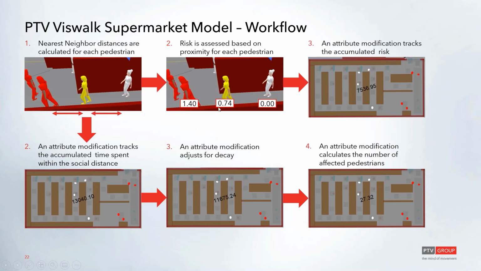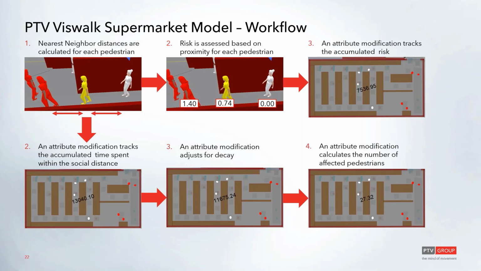The first track is, with that nearest neighbor information, we're going to, at the pedestrian level, analyze the risk that individual pedestrian is experiencing right now. So if we look at these 3 pedestrians in the queue, that first pedestrian is within 1.5 meters, and so they are accumulating a lot of risk because they are really close to other people.